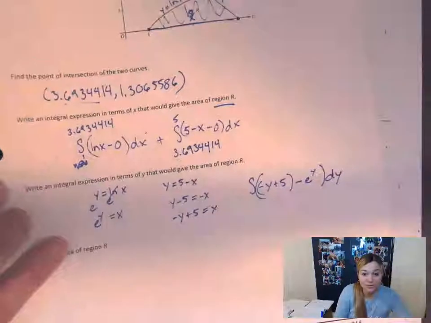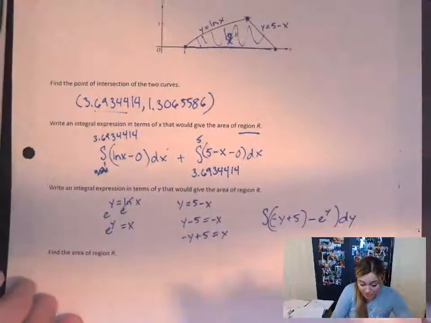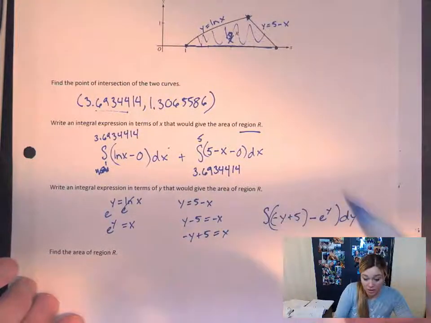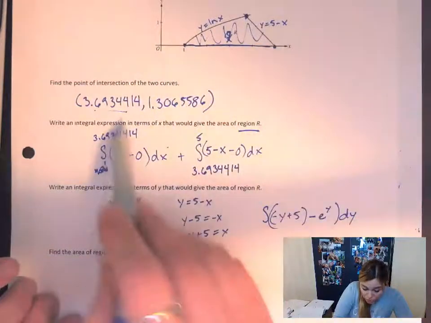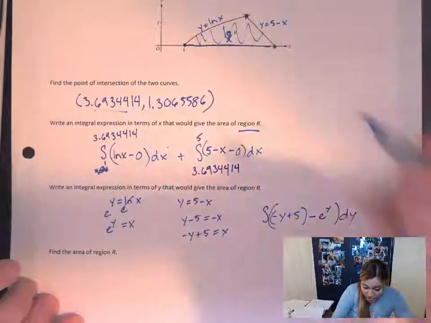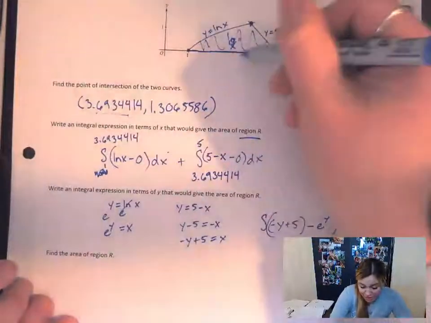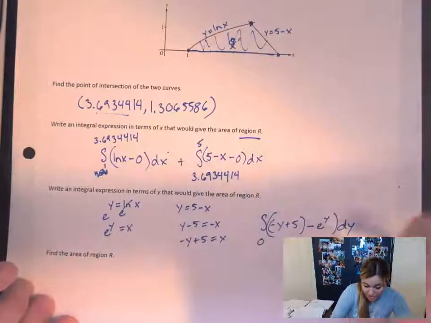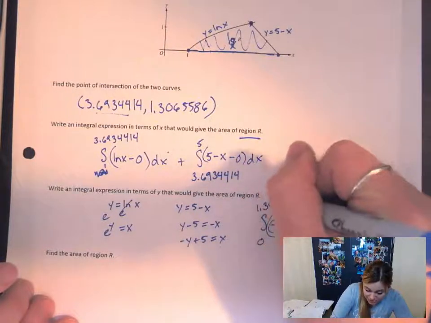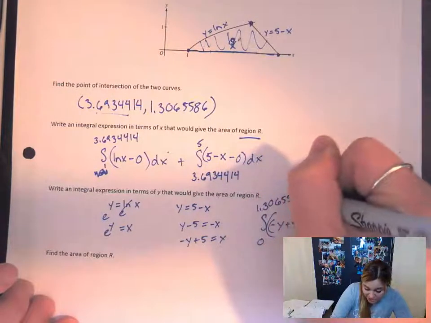All of this in terms of dy. In this one, instead of going from 1 to this value of 3.69 whatever here, what if I start at my y value of 0 and go to my y value of 1.3065586?